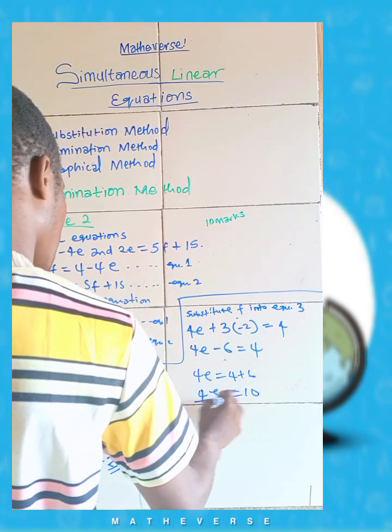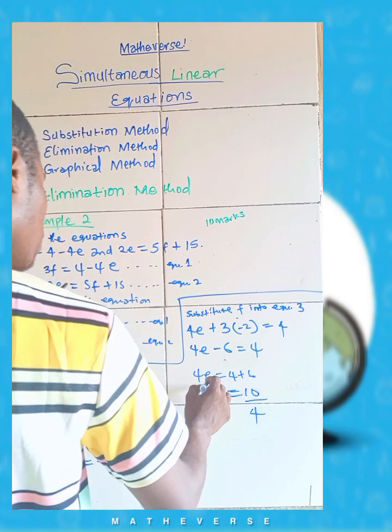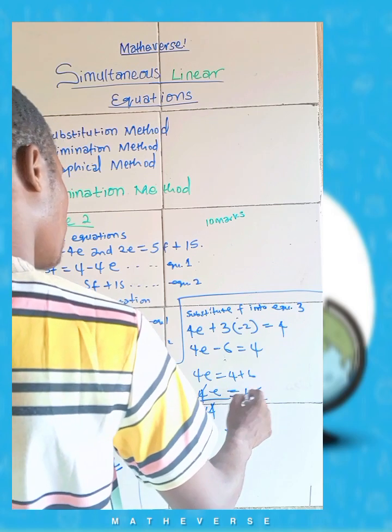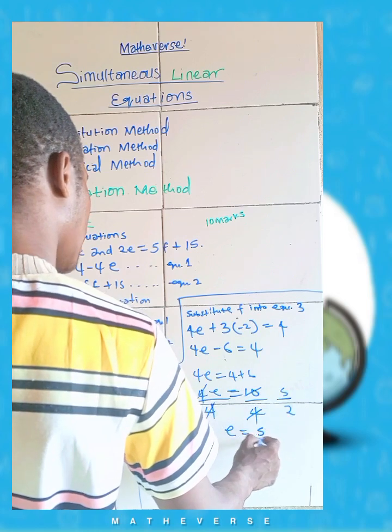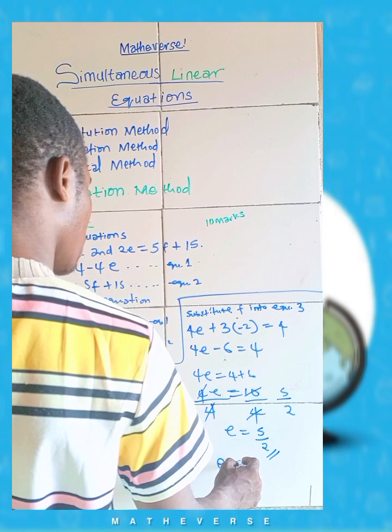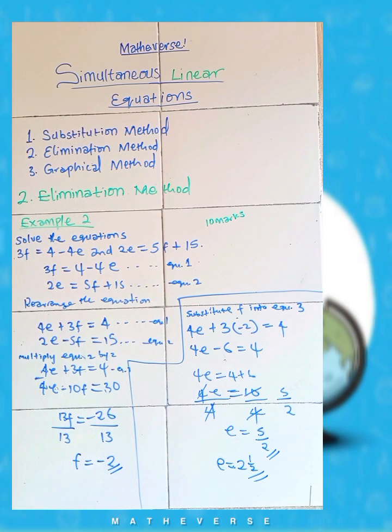So we divide both sides by 4. So 4 is gone. So when we try to simplify, 10 divided by 2 will be 5, 4 divided by 2 will be 2. So e will be 5 over 2. You can also write it in a simpler form as 2 and 1 over 2. Any of the two answers you pick will be correct.